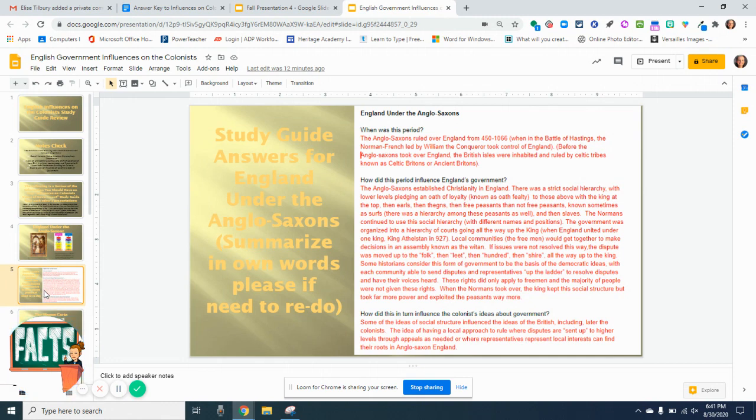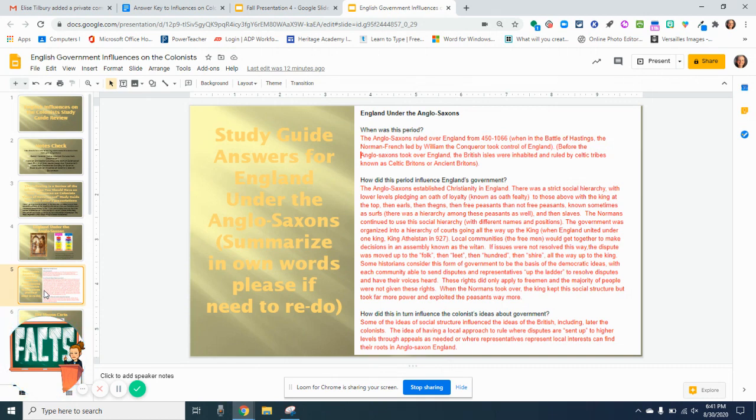So again, just a little background information there. You don't really need to have any of that memorized, but it sets the stage for how English history progressed and therefore how the colonists viewed government, because they were under English rule until the U.S. Revolution. So the Anglo-Saxons established Christianity in England, and this was a big part of government.